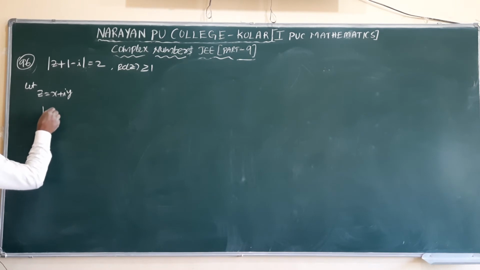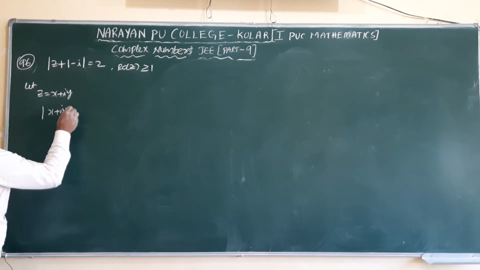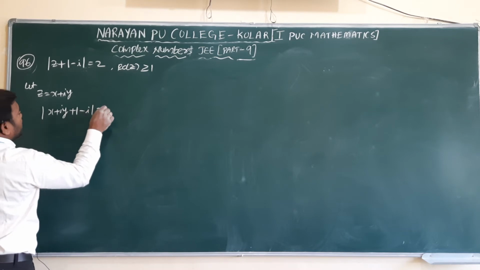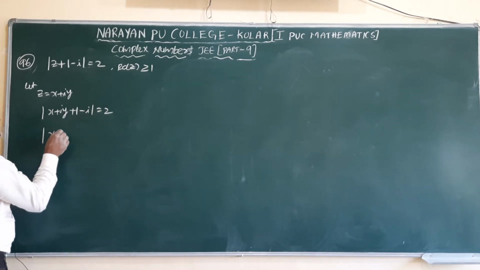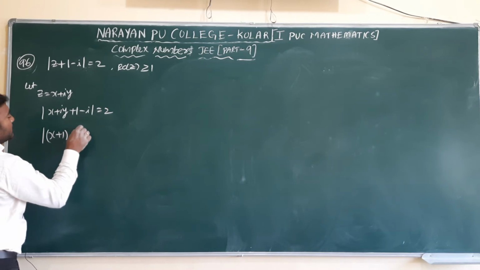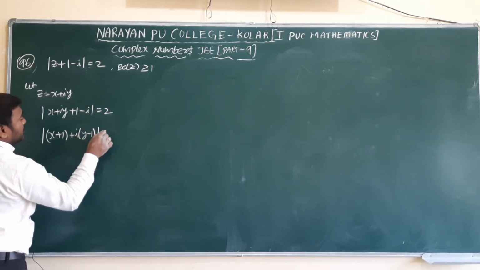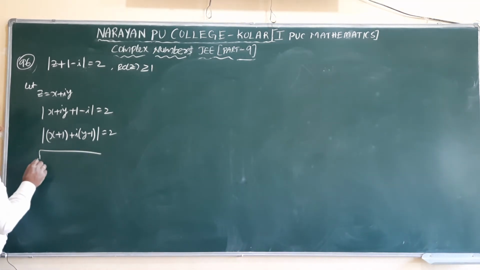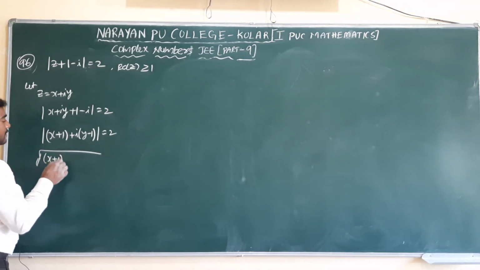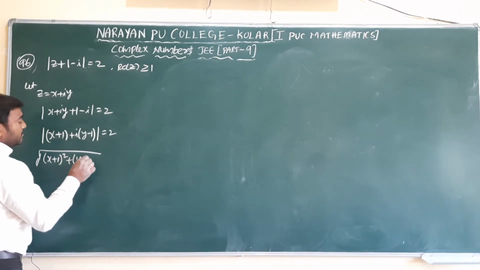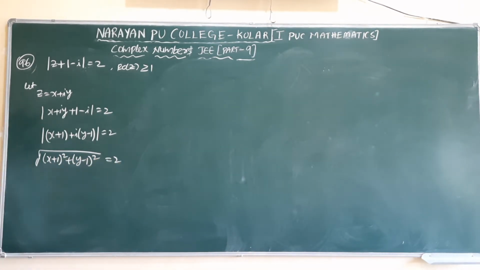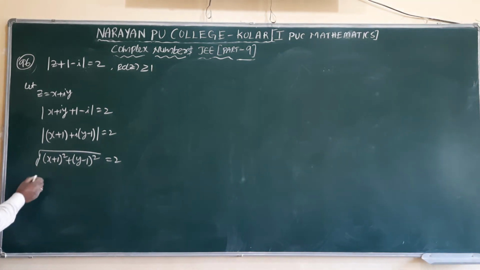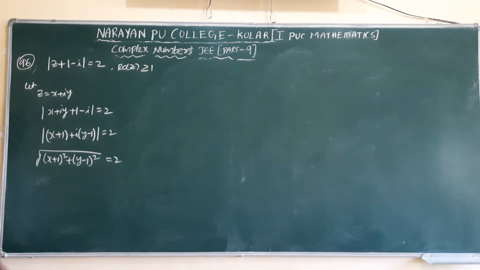Modulus of x plus iy plus 1 minus i is equal to 2. So modulus of (x plus 1) plus i into (y minus 1) is equal to 2. Here the square root of (x plus 1) whole square plus (y minus 1) whole square is equal to 2. Now we have the equation, so squaring on both sides, what do we get?